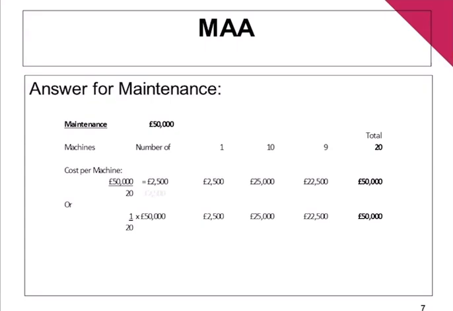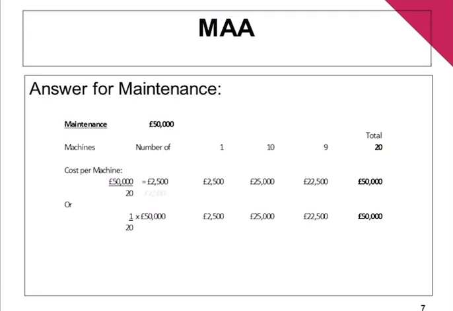The answer is yes, because it's the most logical, or it seems the most logical. If you need a machine, you will need it maintained. And the more you have, probably the greater your cost is going to be. There might be some argument over age, etc., but this is a very sensible and logical way of doing things. So again, you just choose the method that you like best to share that cost out.